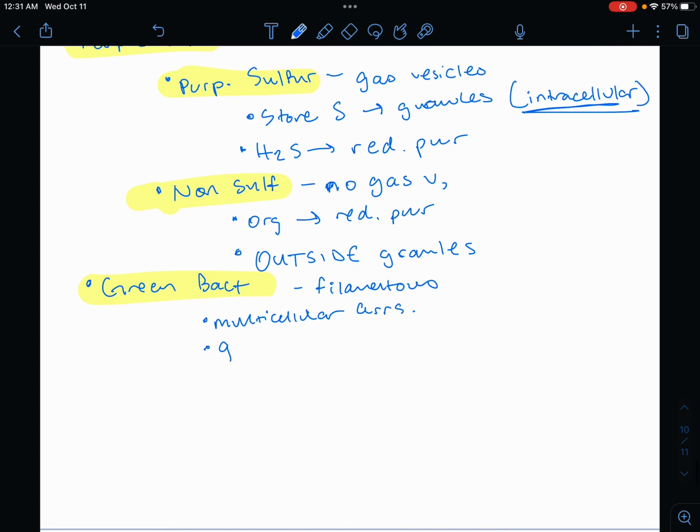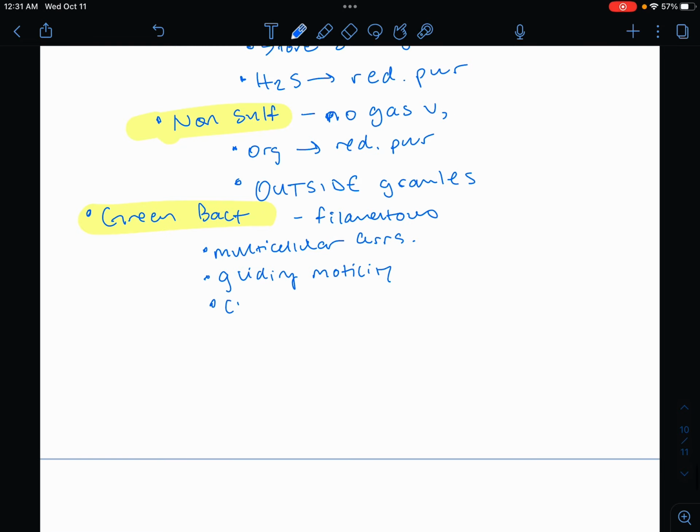They have gliding motility. They could have chlorosomes. And they have a ton of diversity in their metabolisms. So they're going to be like these weird stringy things because they're filamentous.